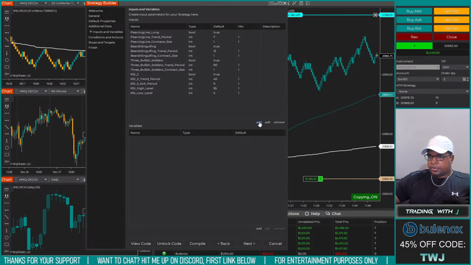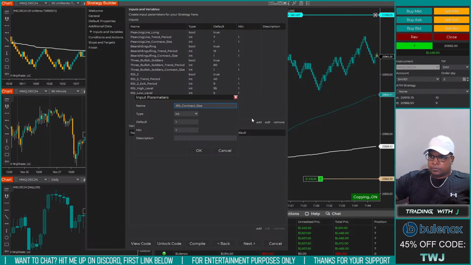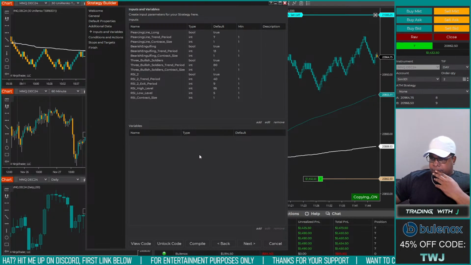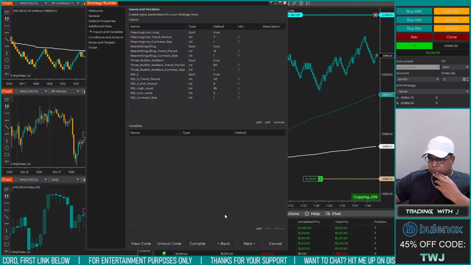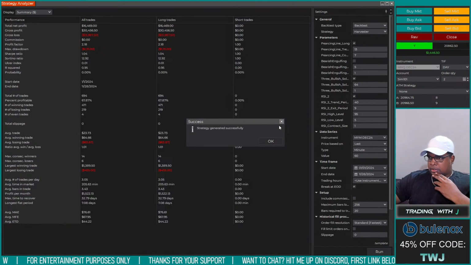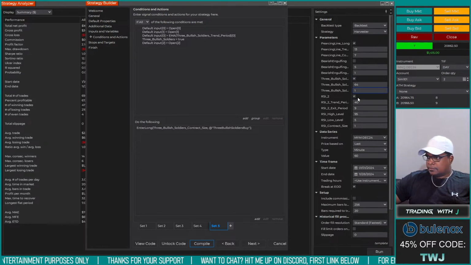Right, so let me add in the RSI contract size. That should be it there. Compile this. So once you see, we have all the RSI settings here right now.